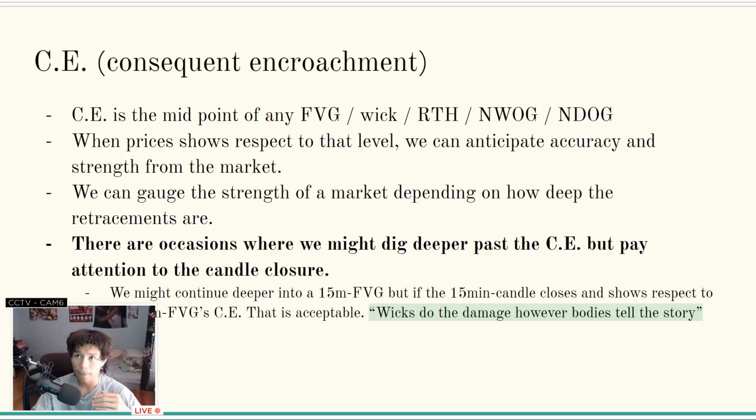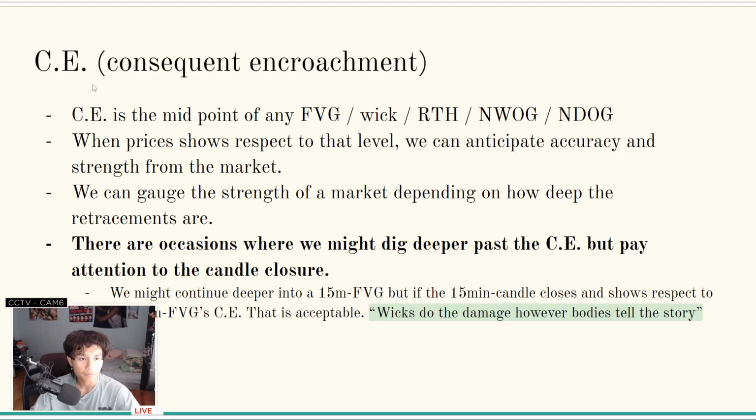It should be a very sensitive spot for price. Price should react to the consequent encroachment of the fair value gap, and if it doesn't, then it means we might be disrespecting it.